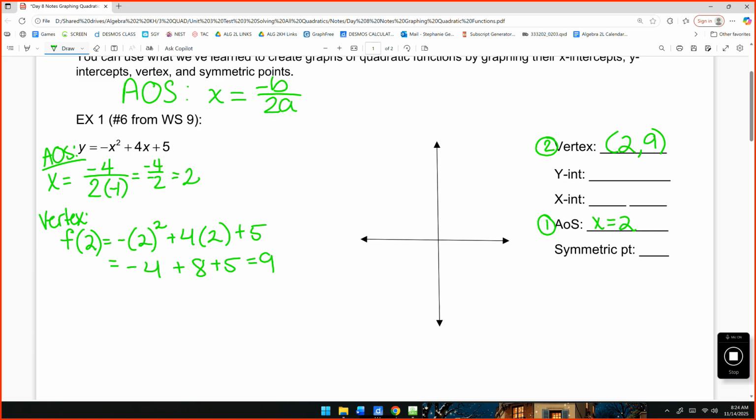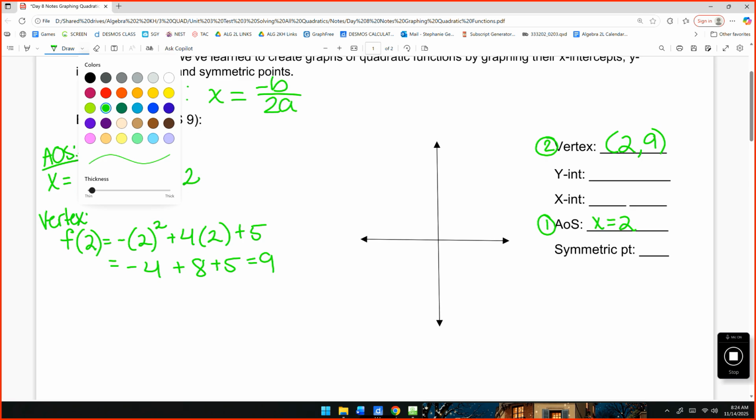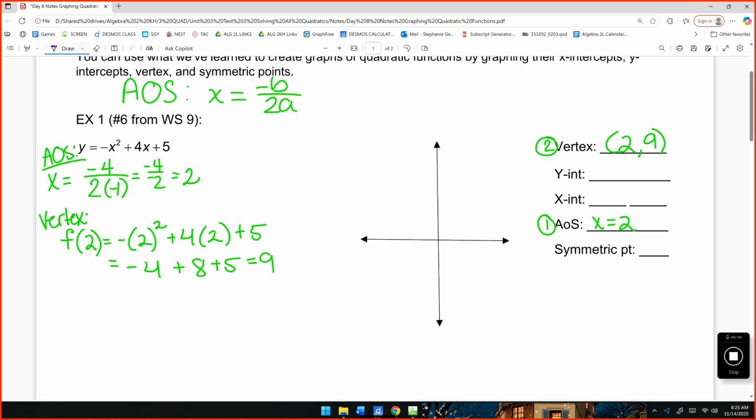All right, so the next thing you can find is, why don't we just do the x-intercepts next? So x-intercepts, I'm going to do that third. For x-intercepts, we solve a related equation. What is the related equation that I'm going to be solving?